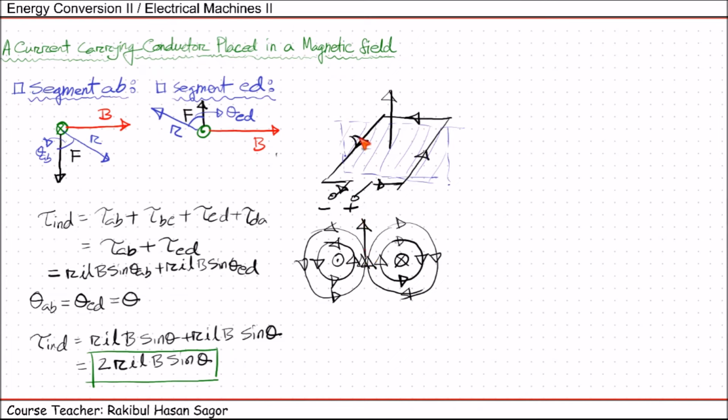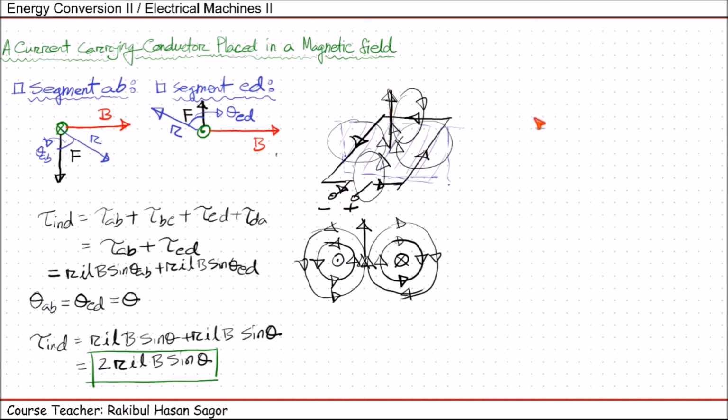We'll get a magnetic field due to this wire with this direction, due to this wire with this direction, and due to this wire with this type of direction, and due to this side another magnetic field will be there. All these magnetic fields will be summed up and give a total magnetic field which will be directed upward.